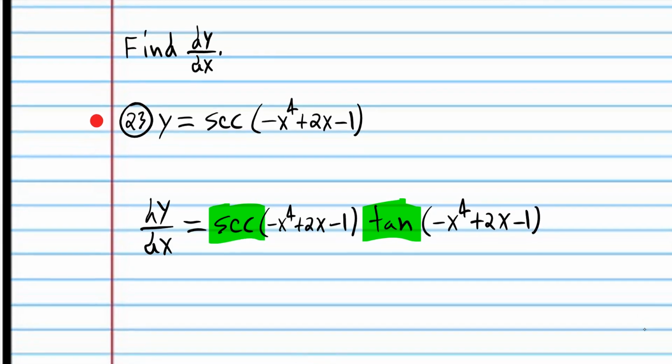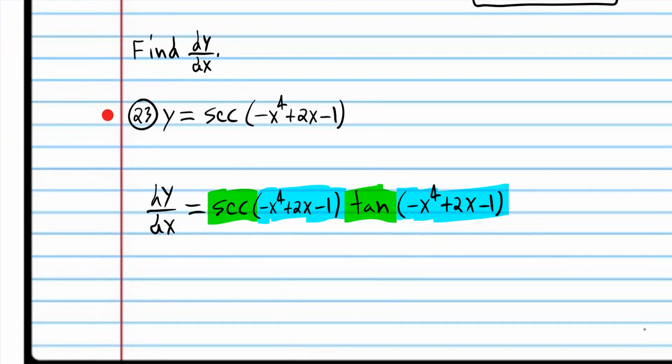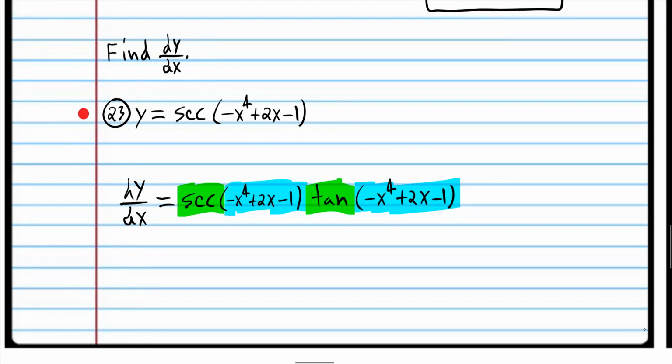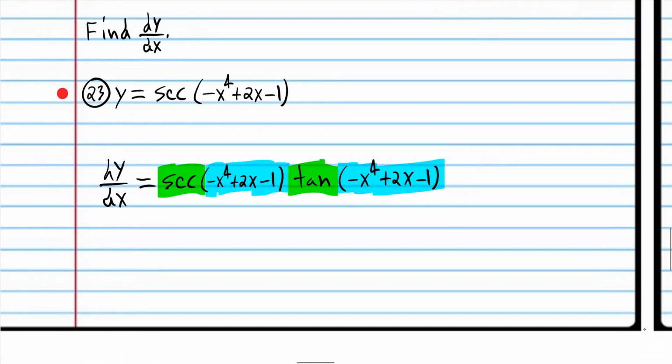But again, one way you can think about it is the inside function is the input of the derivative function. So the derivative is secant tangent. If you were to put an input into that function, you would have to put it into both the secant and the tangent function, because you have a product of both functions.